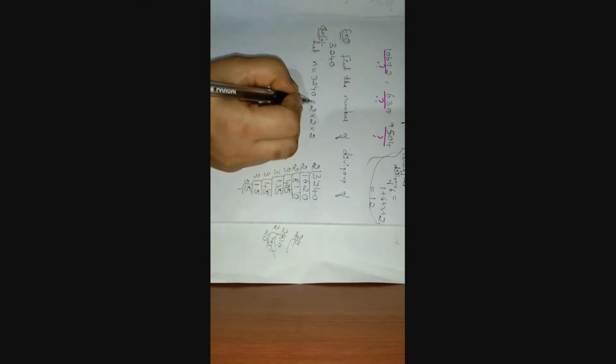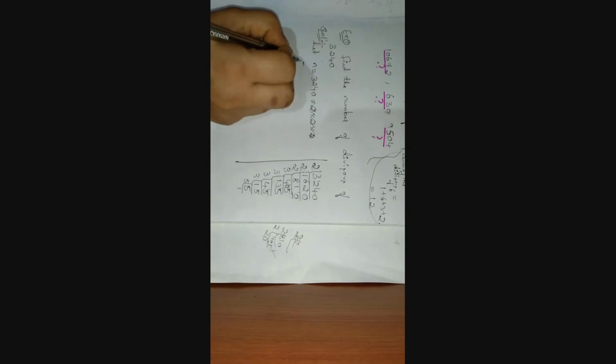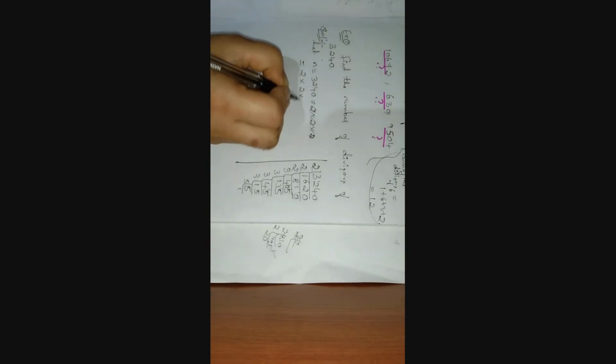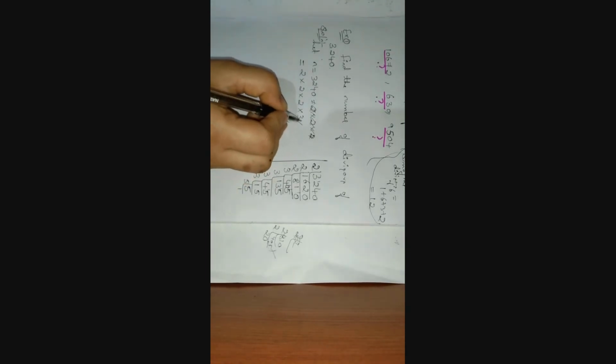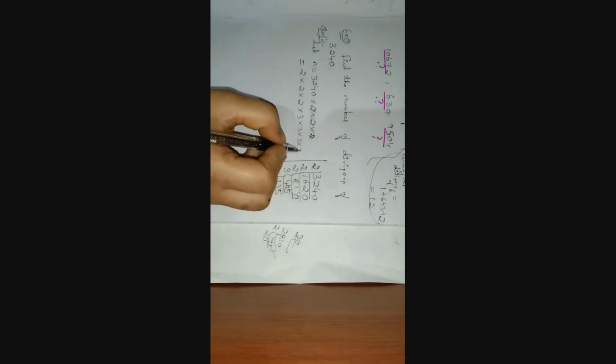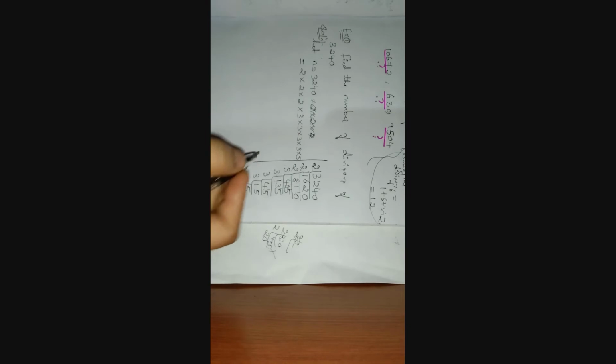I'll write it down because there is no place, otherwise it will be confusing for you. So 2 into 2 into 2, that is 3 twos, into 3 into 3 into 3 into 3, 4 threes, into 5.